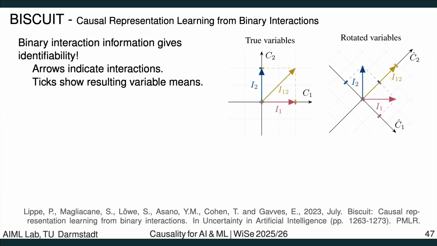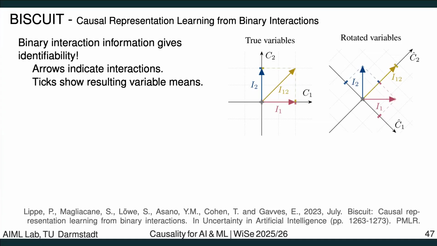And just to give a high level idea, we no longer know which interactions or interventions target which variables. So we need to find a mapping from the interventions to the variables.